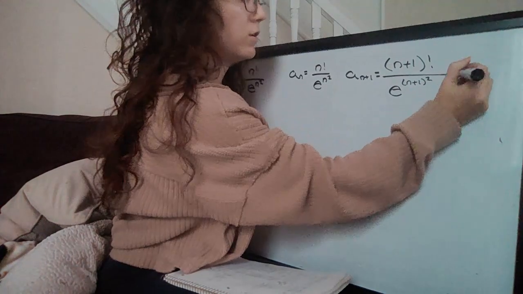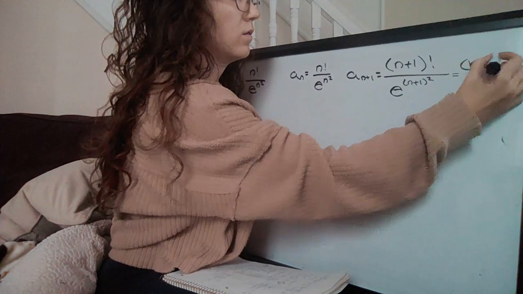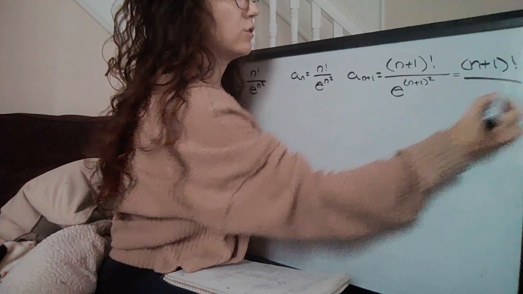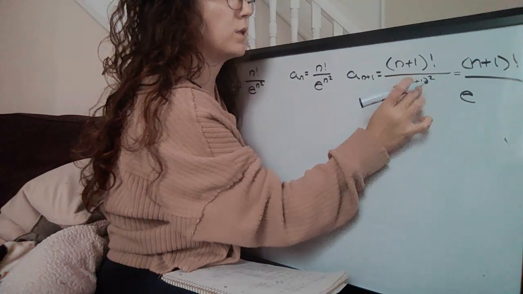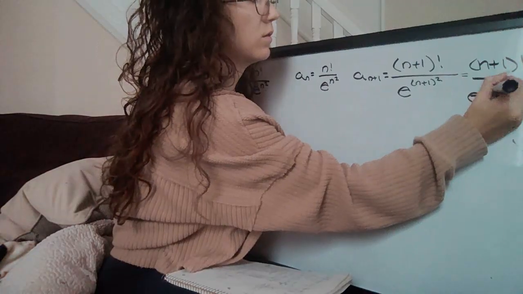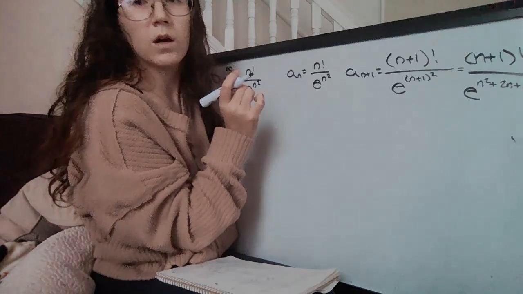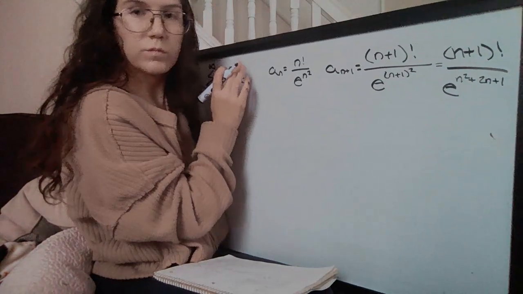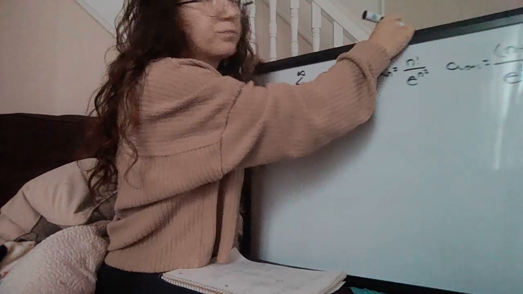So we'll do it over here to save me some time. This is actually going to be e to the n squared plus 2n plus 1. And that is because I need to FOIL those guys out. So that's what that ends up being.